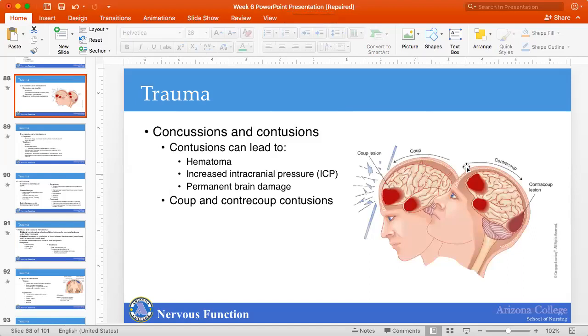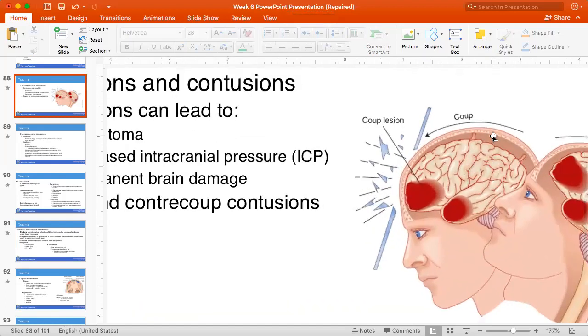So if we were looking here, let's say this right here is the skull itself. Immediately under it, you have the dura mater. So the hematoma would be in between that dura mater and the bone itself.